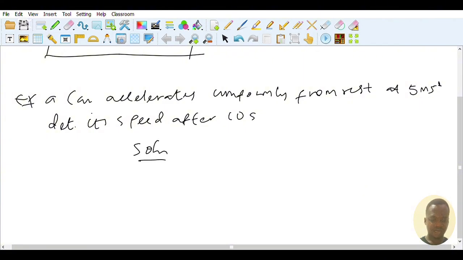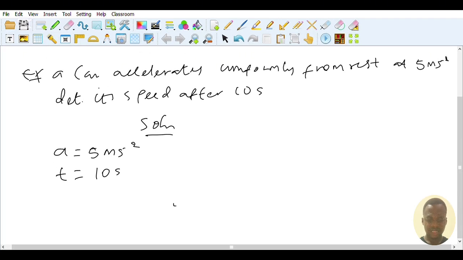We have acceleration given, that is 5 meters per second squared, and time given, which is 10 seconds. What are they asking us to find? It says determine its speed, and that is a velocity.